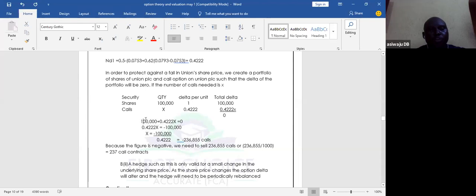Of course, you are going to move. When you move to the right term, this becomes negative 100. Our X is equal to negative 100 over 0.4222. Please divide. What do you have? You have negative 236,855. Please, can you confirm?